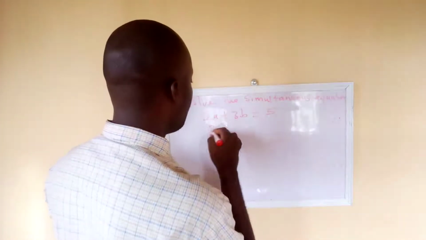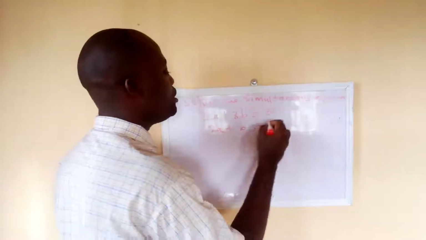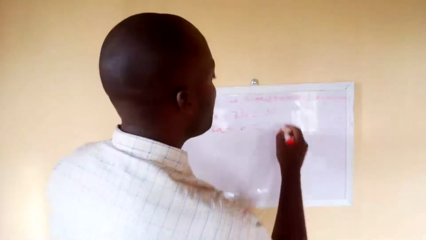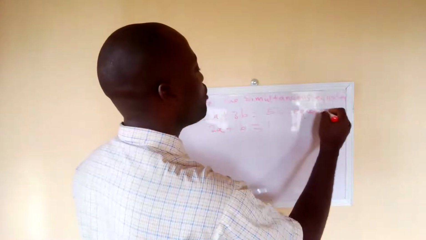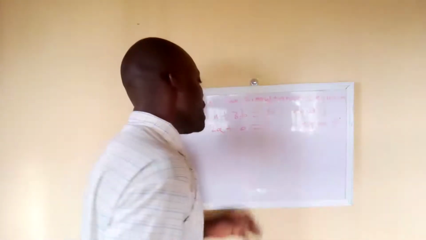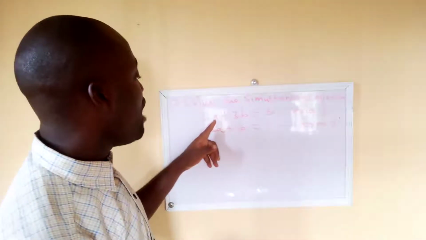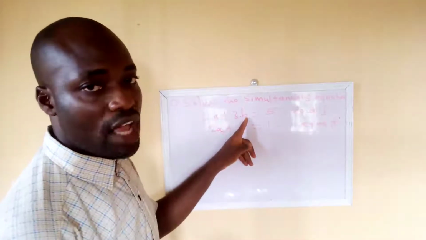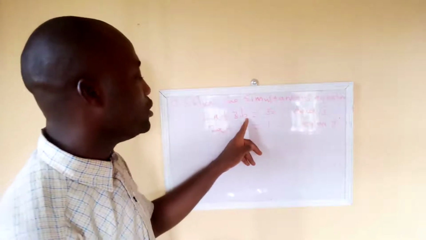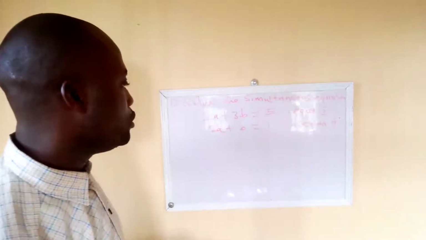Then we have 2a plus b equal to 1. So we can have this to be equation 1, then we have this to be equation 2. And if you look at the two equations, you will see that we have a and b that we have to look for, which are unknown, or you call it unknown variables.